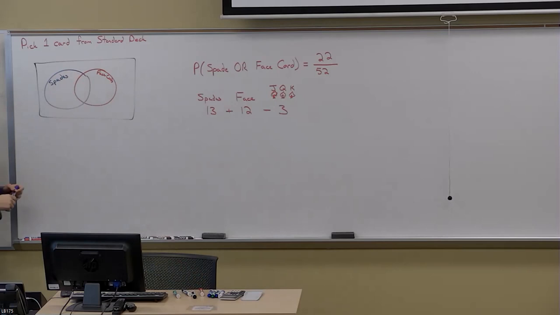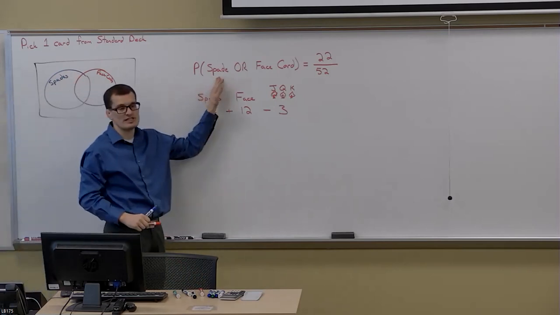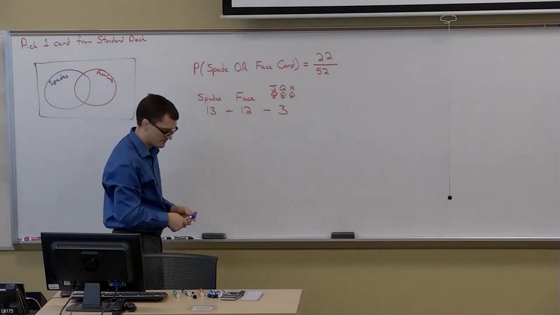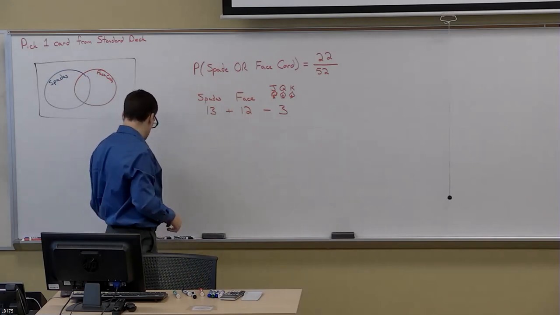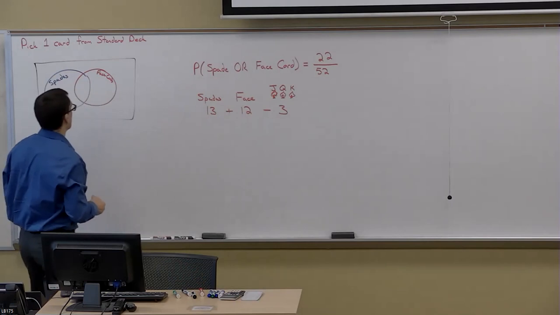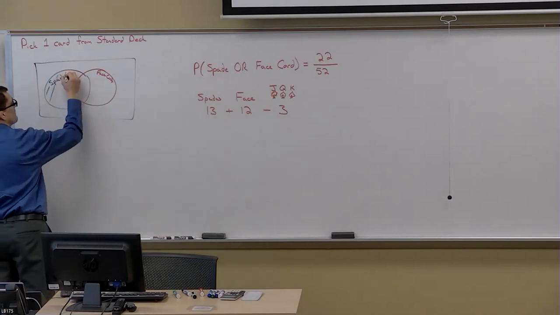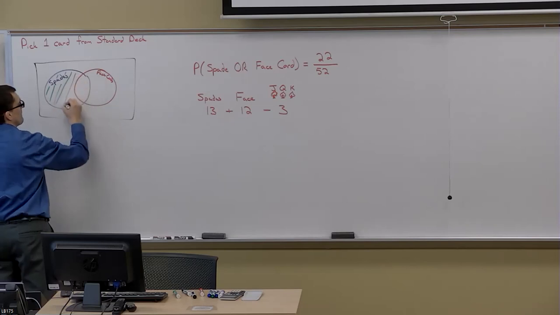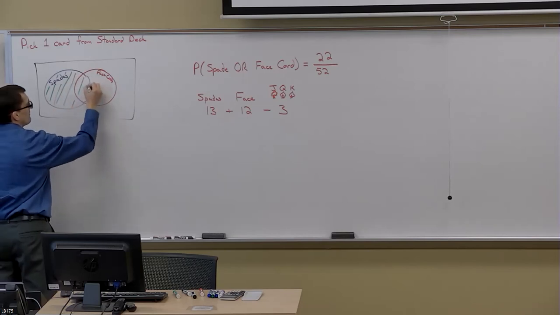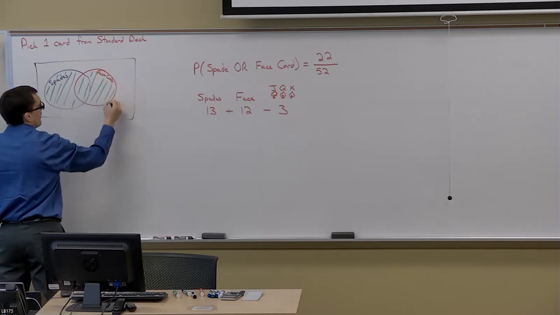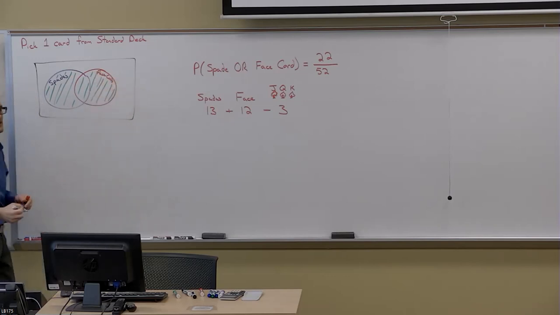And so what this is saying, essentially, is the probability of spade or a face card. Spade or a face card means any spade or any face card. So it includes the entirety of both circles, right?